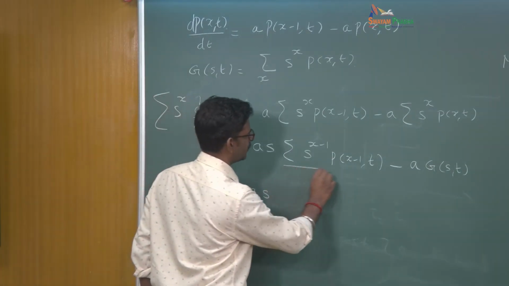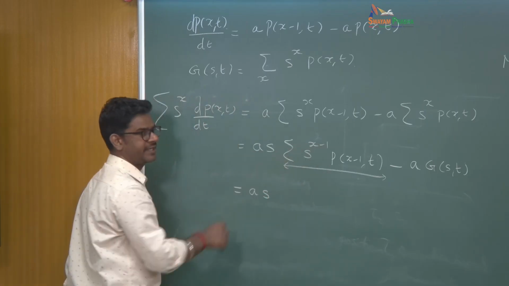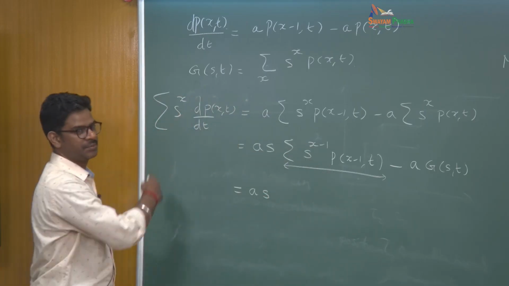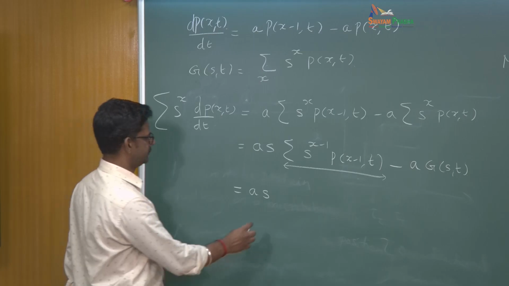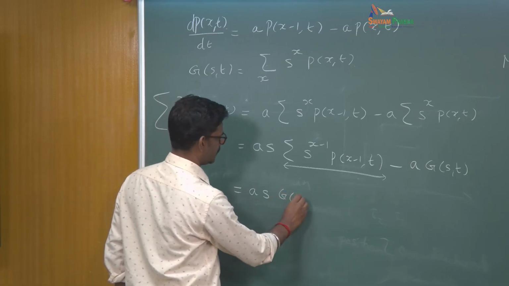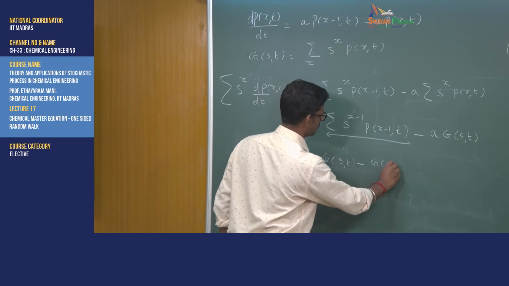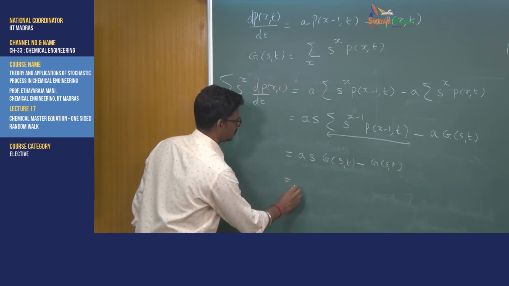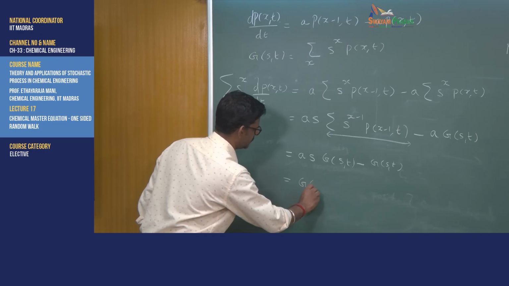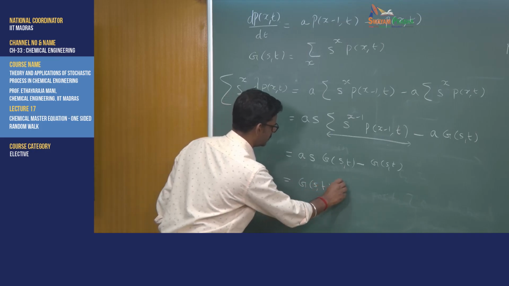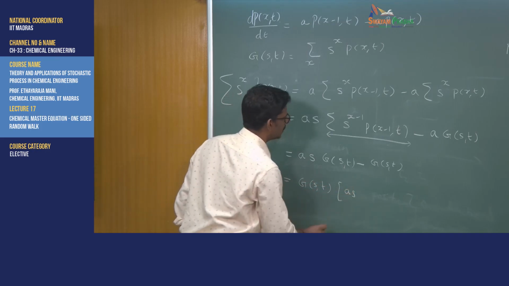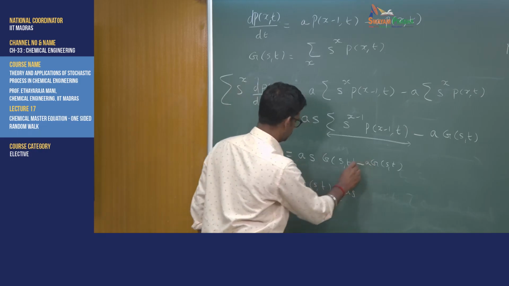In fact, this one also, if I change the variable s power x minus 1 as x, so this also becomes just G of s comma t. So we essentially have a here.